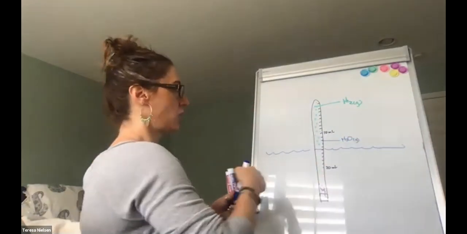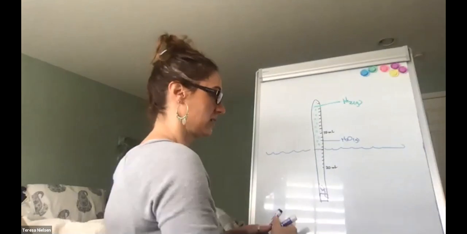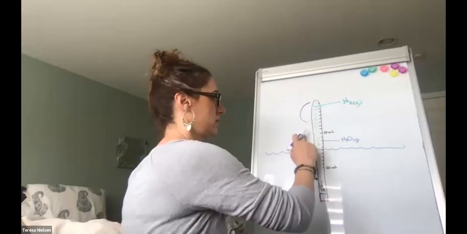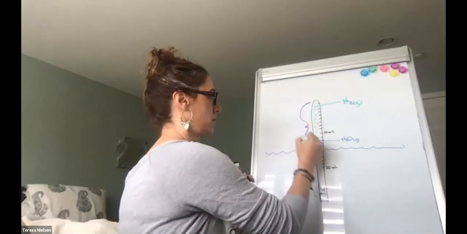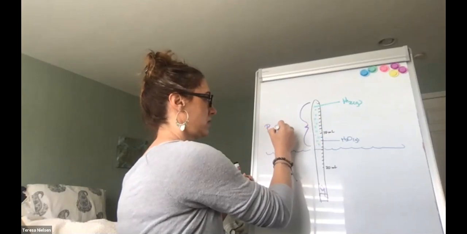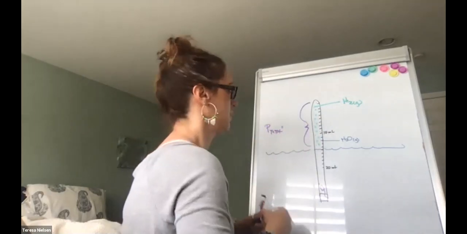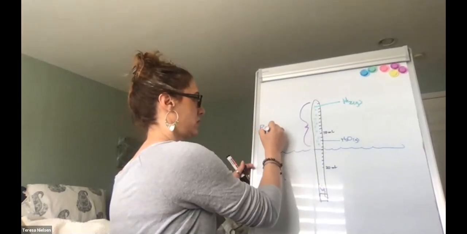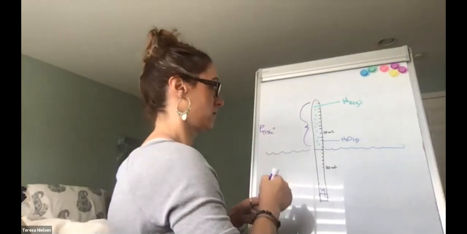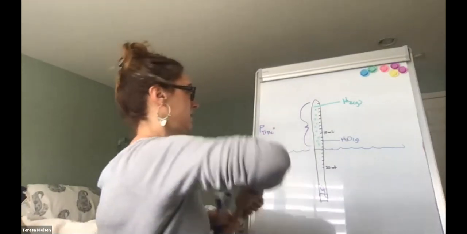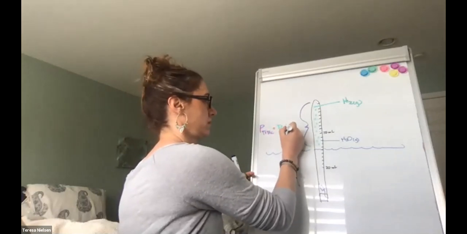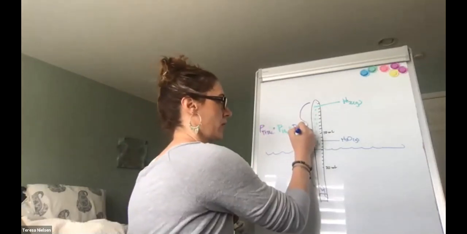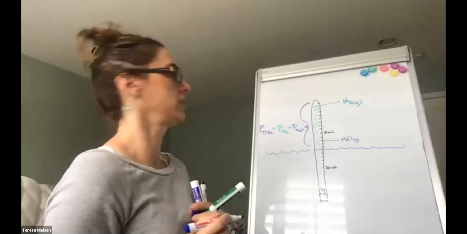And so we can say that the total pressure inside this container that's been collected is, actually let's do this, P total is the pressure of the hydrogen plus the pressure of the water vapor that's collected, okay?